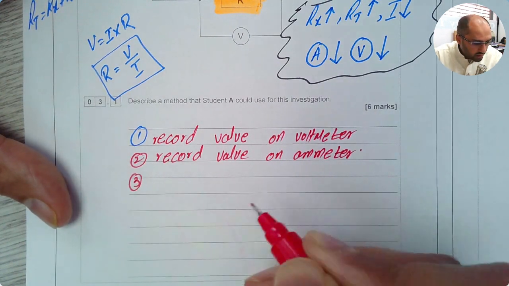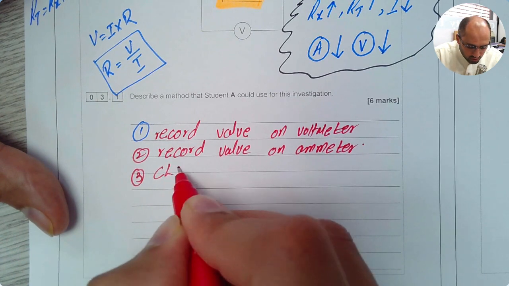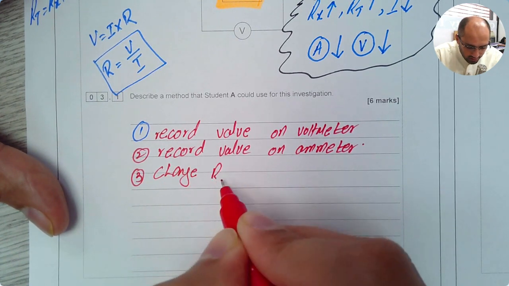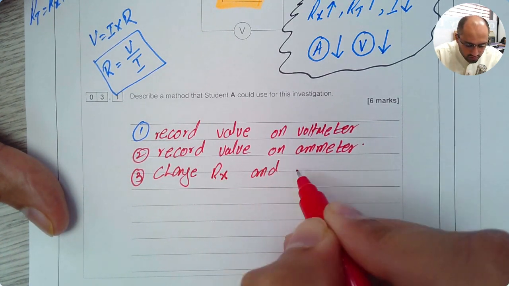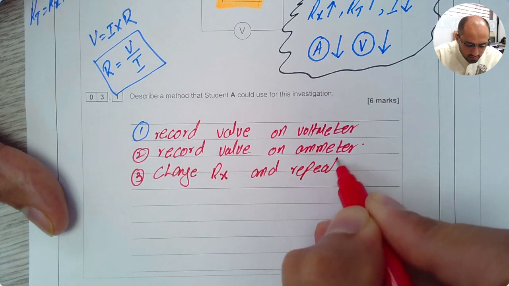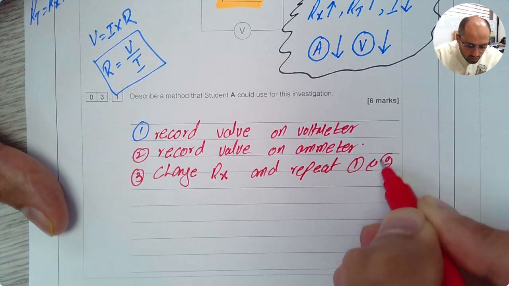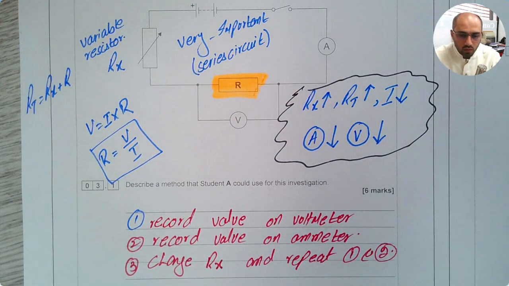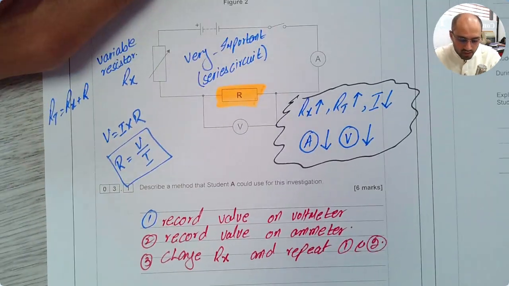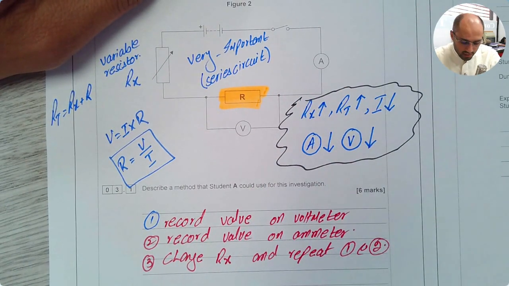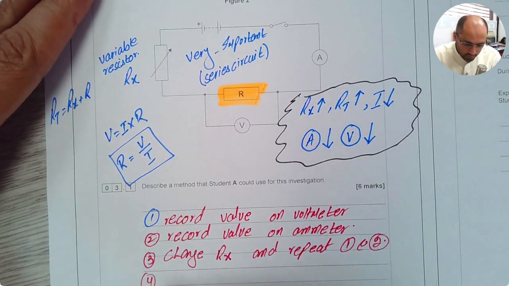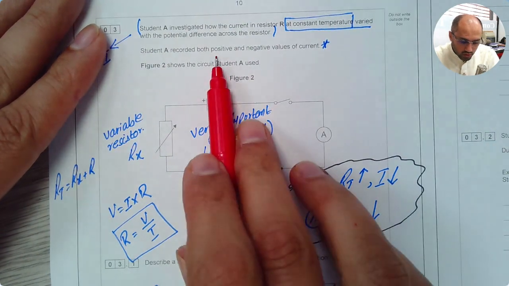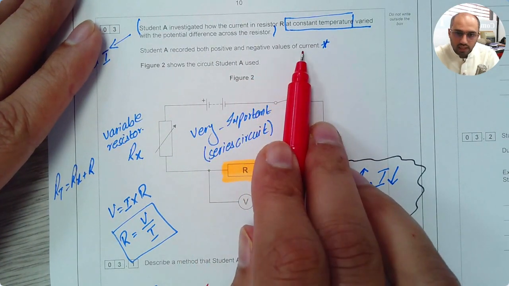Number 3, I'll say change Rx and repeat 1 and 2. So up until this point, it will give me all the values of current, which will be either positive or negative, because the question says they recorded both values, positive and negative, for the current.